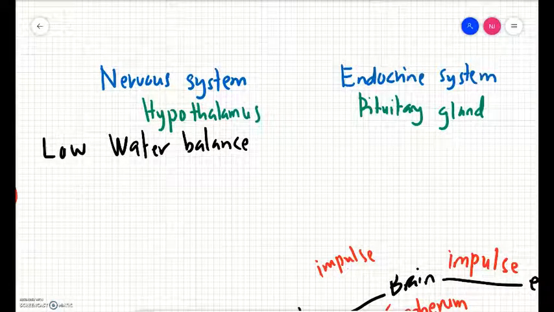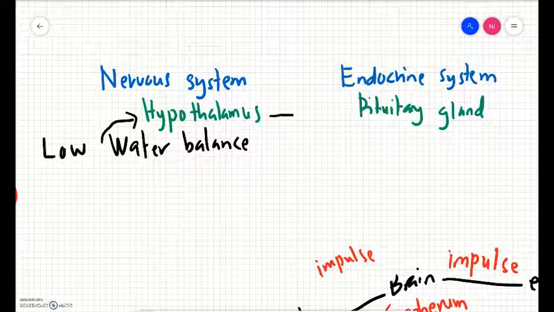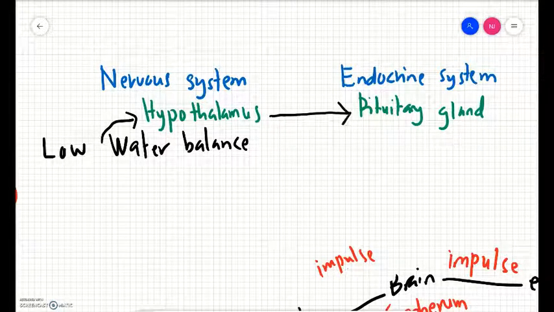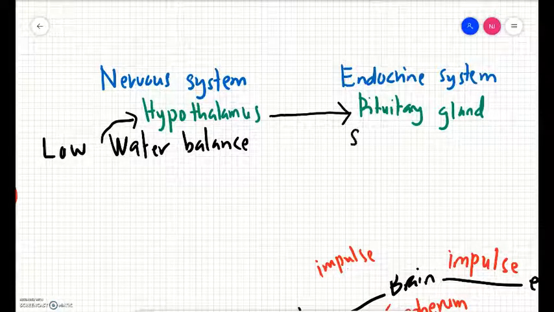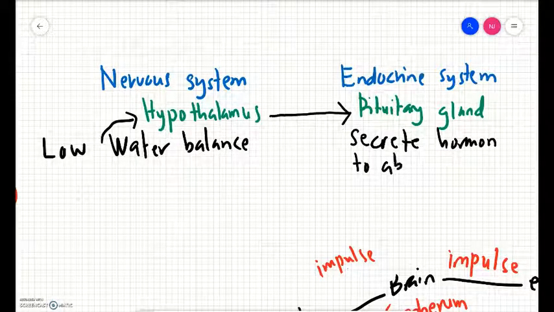So this low water balance situation is detected by the hypothalamus, and then hypothalamus will send the information to the pituitary gland, so that pituitary gland will secrete hormone to absorb more water.